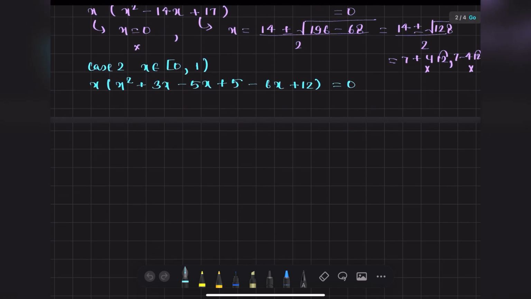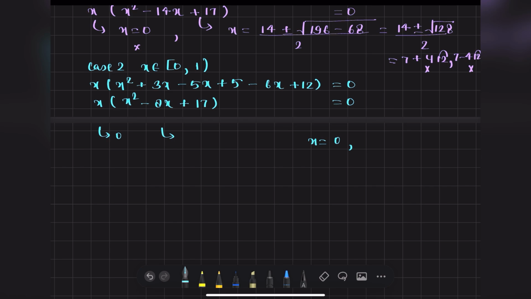So it is x square, and then minus 2x and minus 6x, so minus 8x, and then plus 17. Is that okay? Now look at this. If you observe this part, you got the first zero from here, x equals 0. For the second zero, you have to apply the Sridharacharya rule.